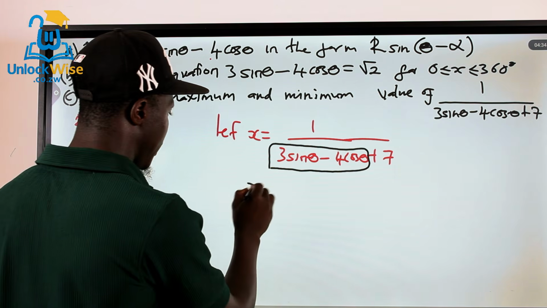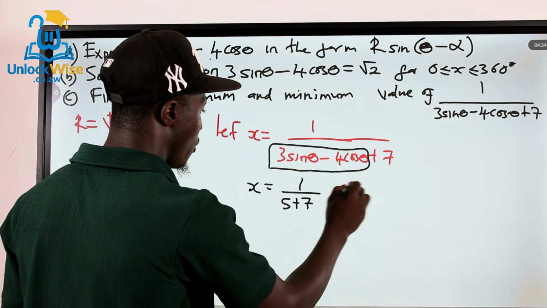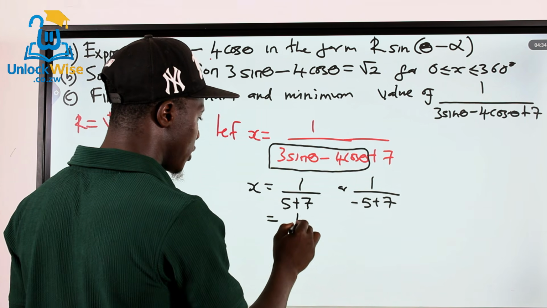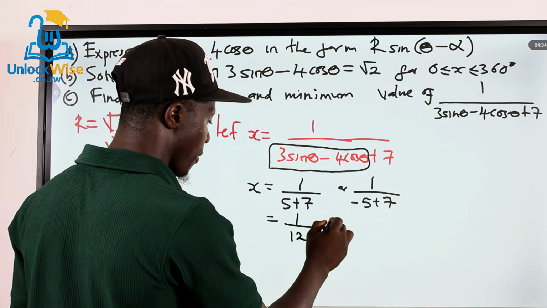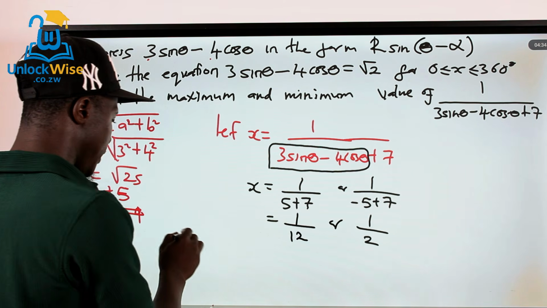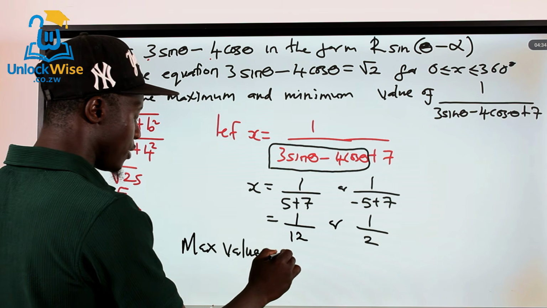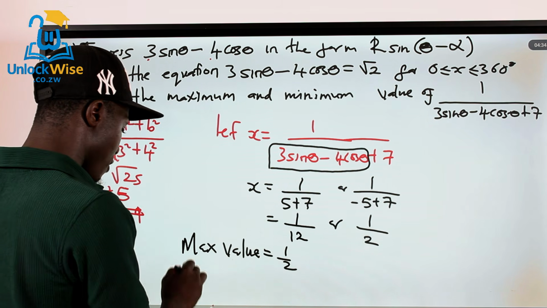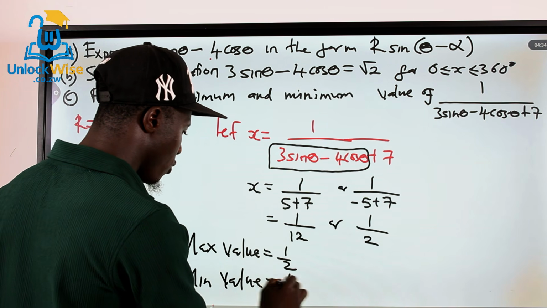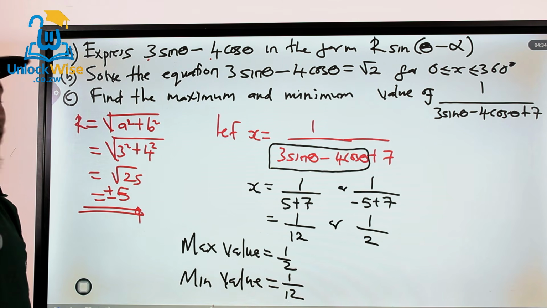So I'm going to say x is equal to 1 over 5 plus 7 or 1 over minus 5 plus 7, which marks 1 over 12 or 1 over 2. Now, by simply checking, you're going to see that our max value is equals to half, and our minimum value will be 1 over 12, and we'll be done for the question.